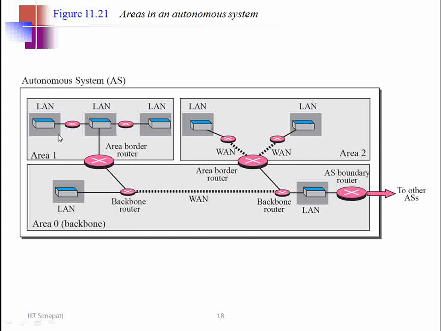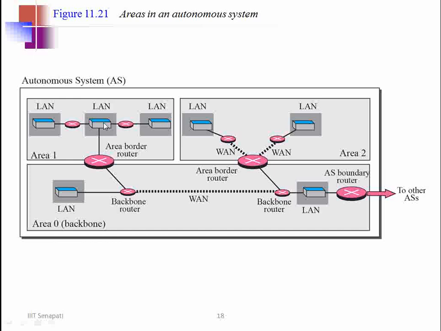Inside an area there will be several routers and networks, and everything inside an area should be connected to each other. So these things will be considered as one area.